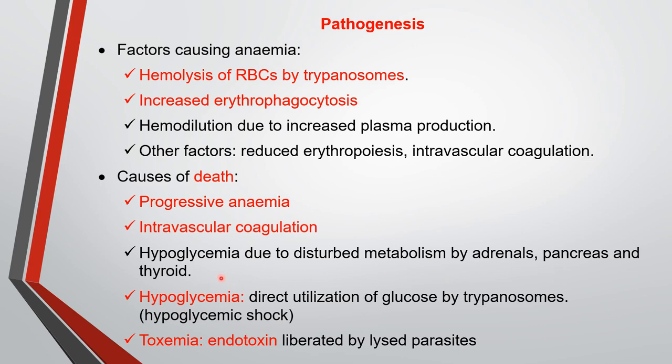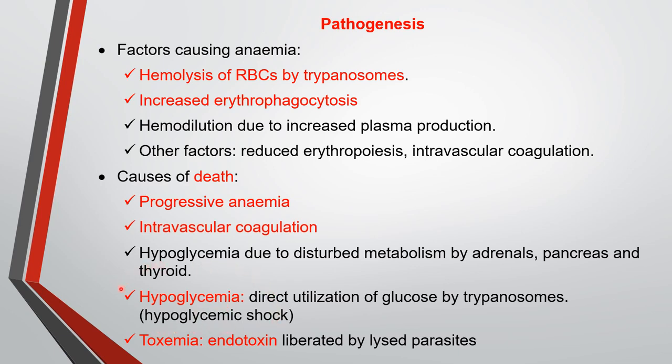Another important cause of hypoglycemia is direct utilization of glucose by trypanosomes. The trypanosomes multiply very fast by binary fission, and when they multiply fast, they consume a lot of glucose. They require plenty of energy, so glucose is utilized, and that leads to hypoglycemia and hypoglycemic shock.